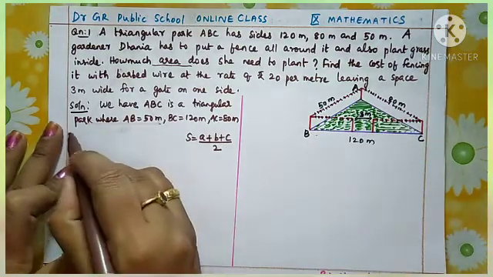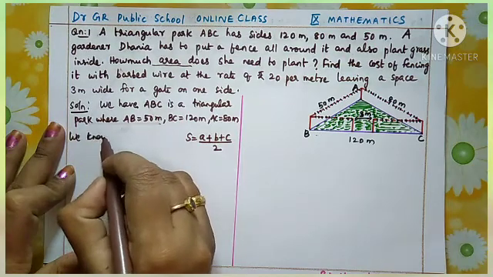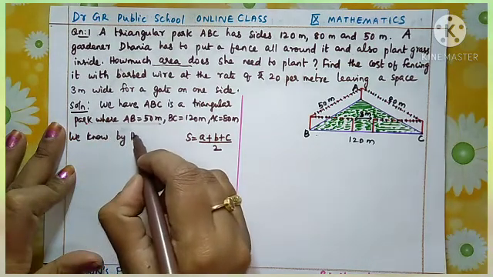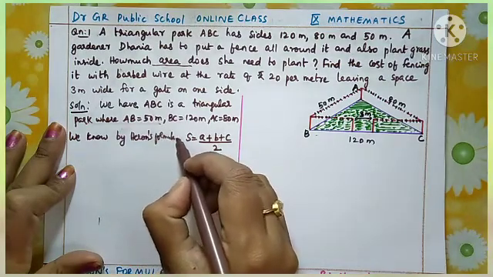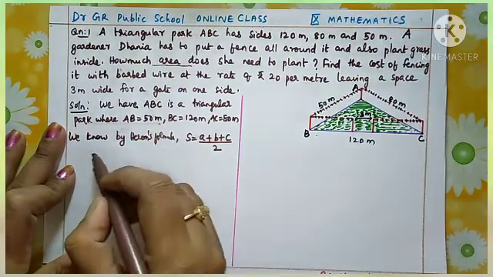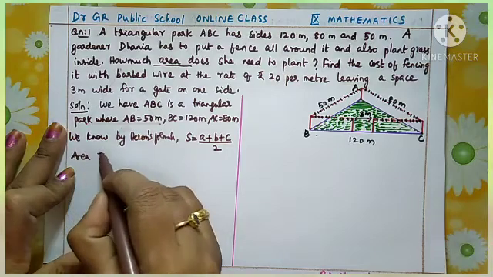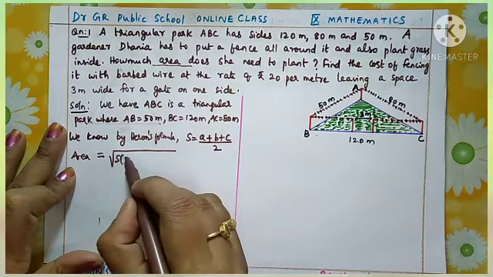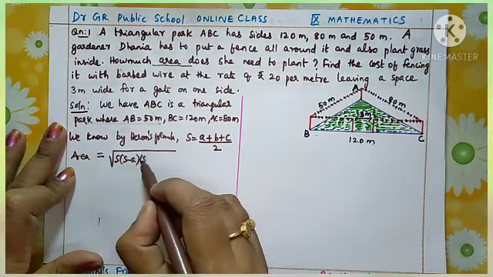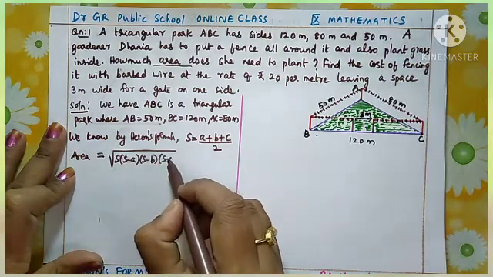So we can write, we know by Heron's formula, area equal to square root of S into S minus A into S minus B into S minus C.